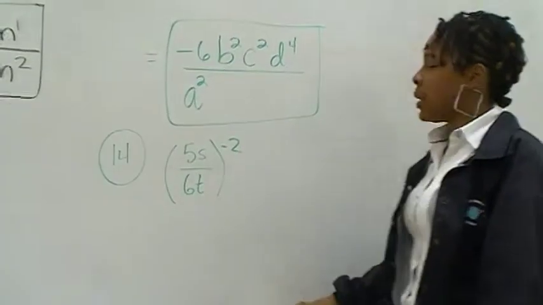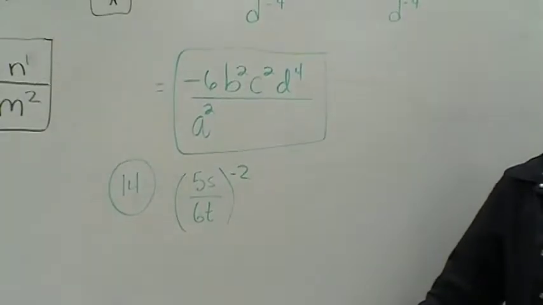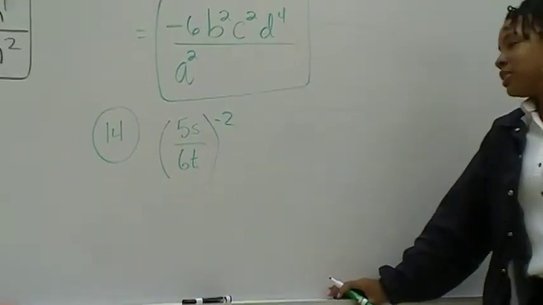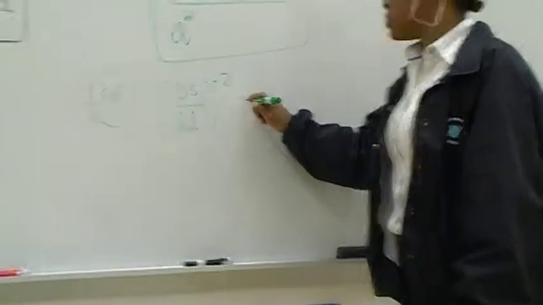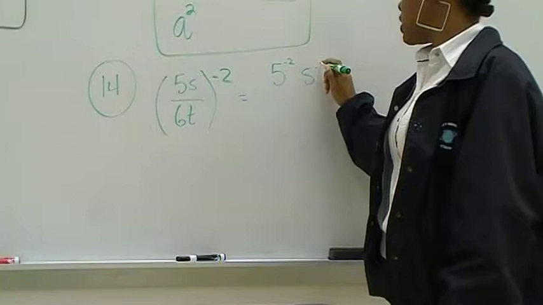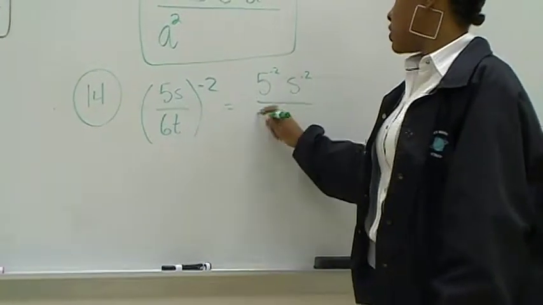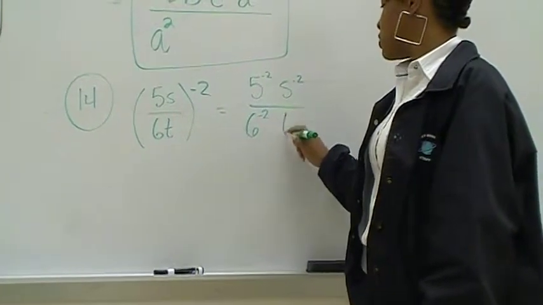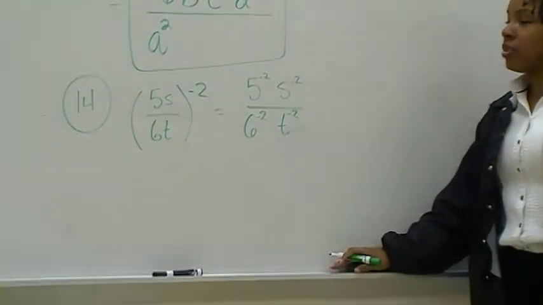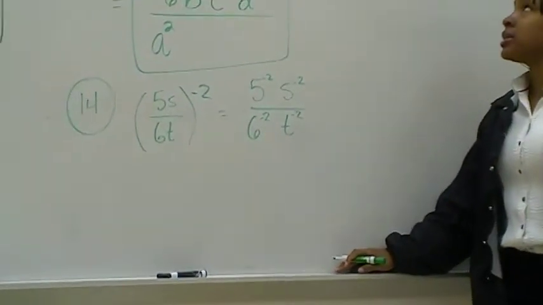So again, you got parentheses, so what happens? You put a -2 on every single thing. Every single thing gets a -2. So you got 5 to the -2, s to the -2, over 6 to the -2, t to the -2. Everything inside the parentheses has to get an exponent.